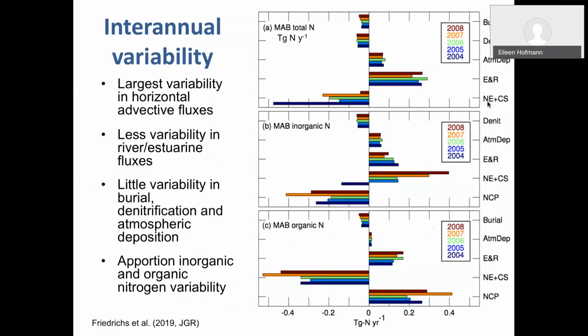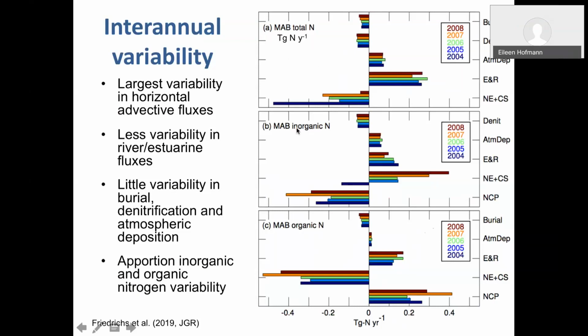If we look at this, the largest variability in the horizontal fluxes is from these advective fluxes. Estuaries and rivers have an important flux as well. Atmospheric deposition and the burial and denitrification processes on the shelf are not as large.